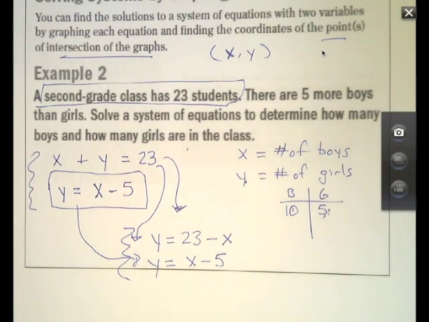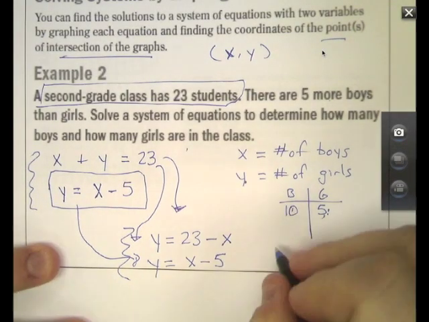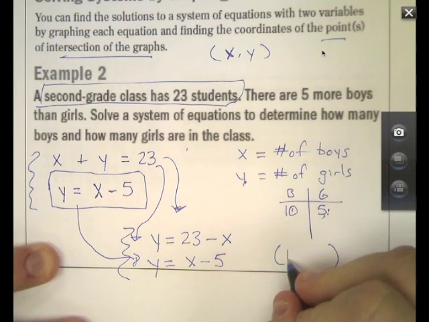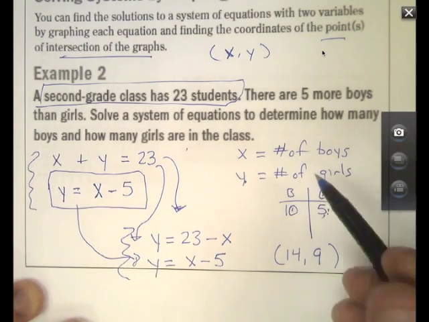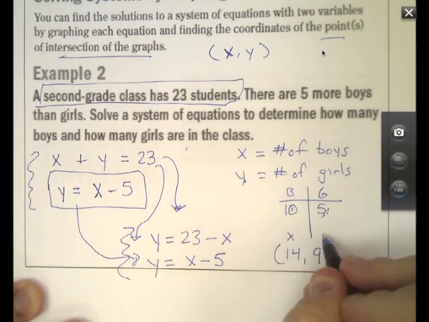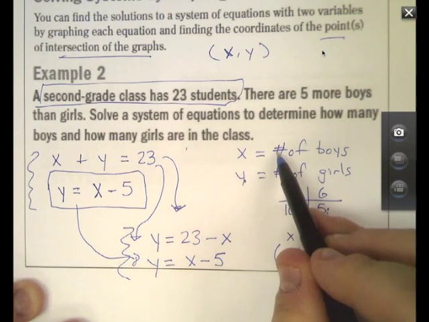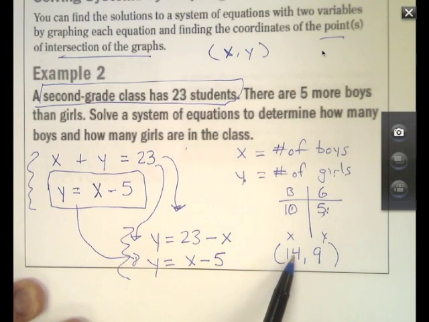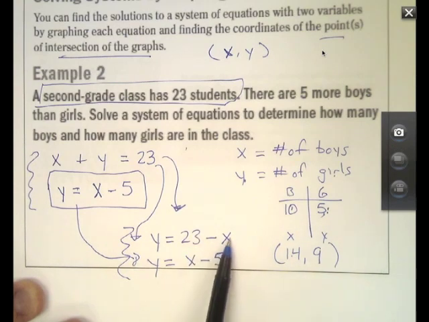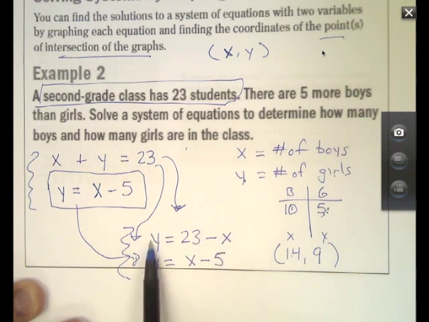So let's write that as a coordinate point. My x value is 14. My y value is 9. That means we have 14 boys and 9 girls. Let's see if that works. If I put 14 in for x, does 23 minus 14 equal 9?